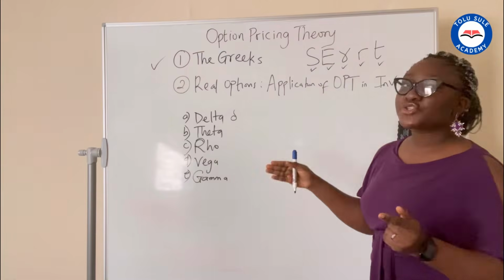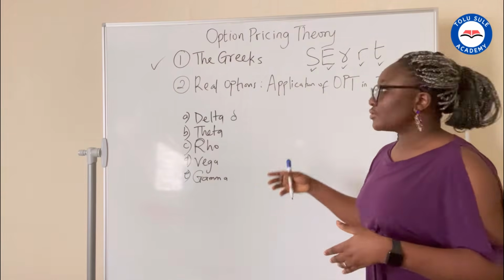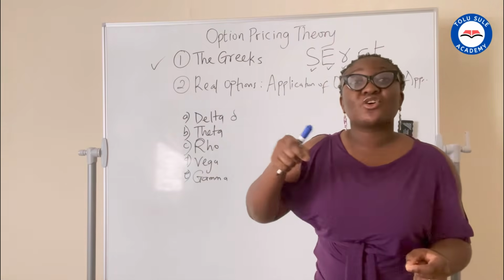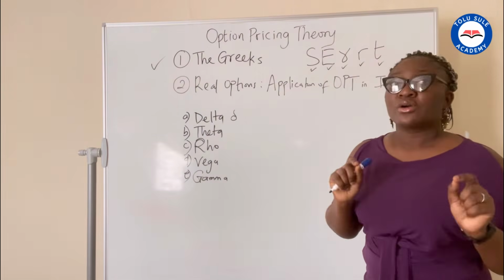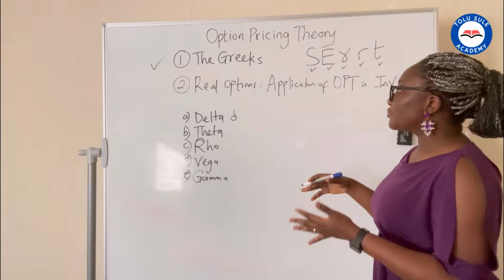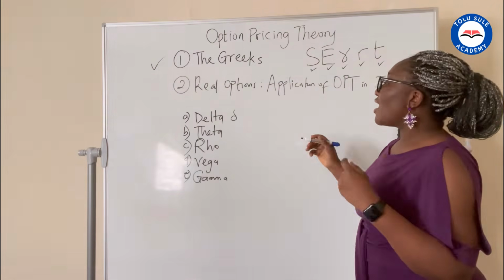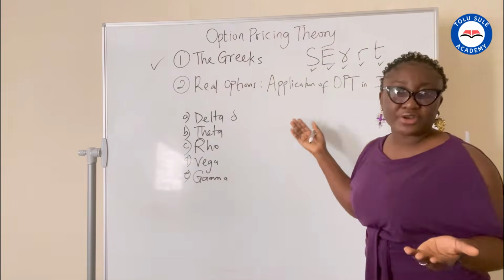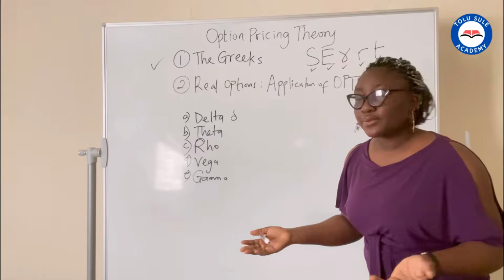So delta measures the change in option value with respect to this S, current market price, meaning how sensitive is the option value to current market price. So remember, we valued an option, call option, put option in the previous class. Now, how does that option value react when there is a sudden change in current market price, say of the shares?